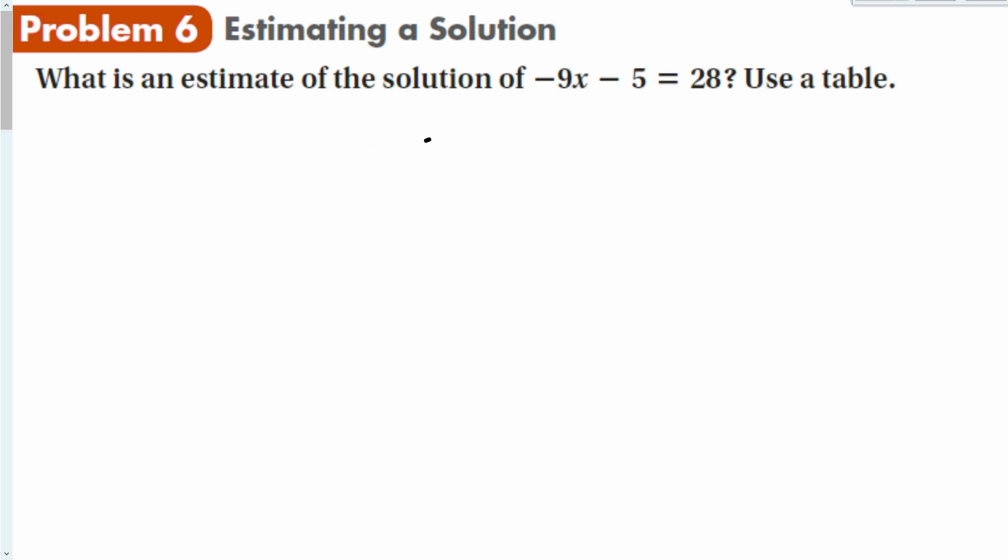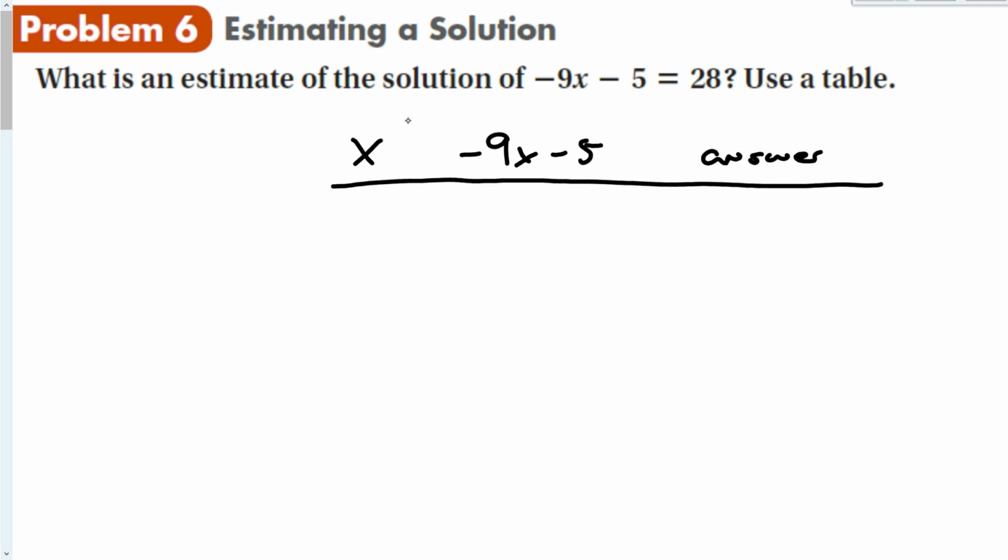Let's start with my input values, x. Okay, my equation is -9x minus 5. And I'm going to have my answer column over there. So let's start with 0.